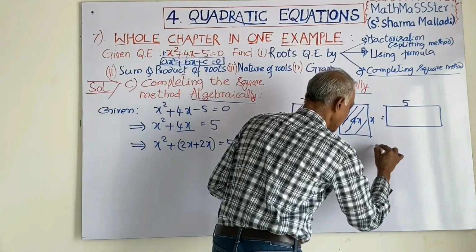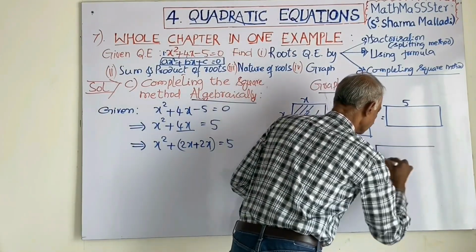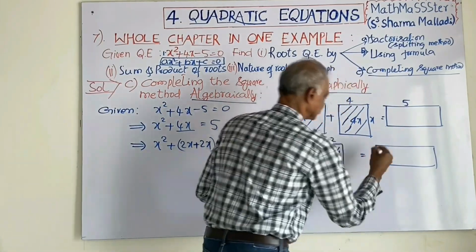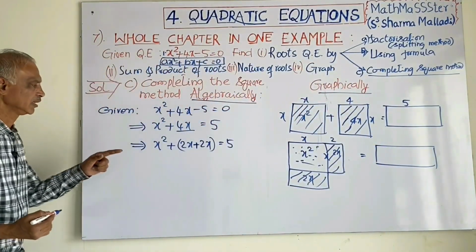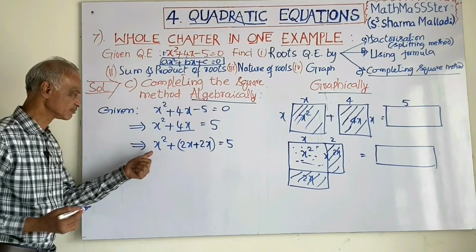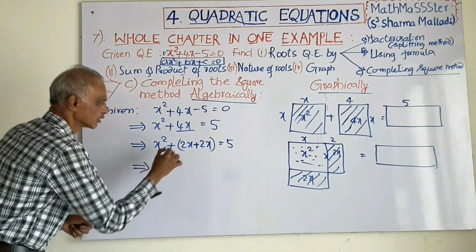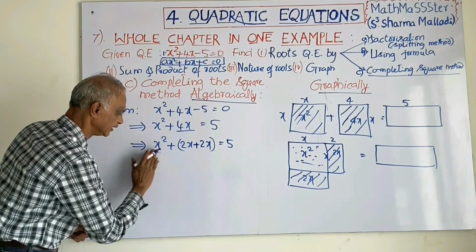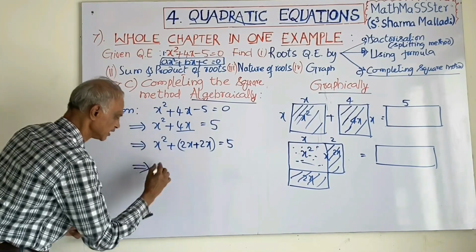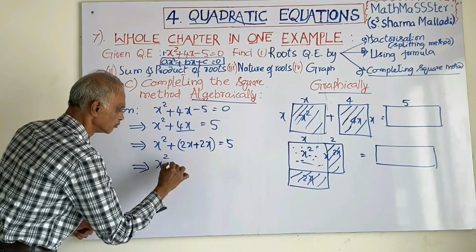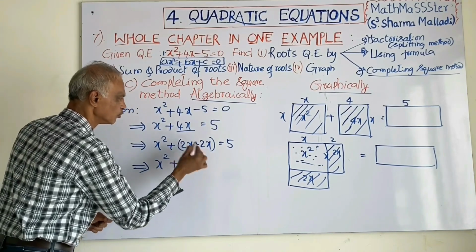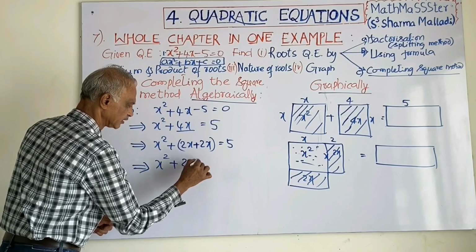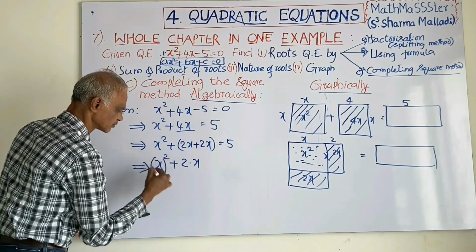5 as it is I will take. Next, you know x square. I will write again. Sorry. This can be written as x square plus 4x, which can be written as 2 into a into b, where a is x, you take this is x whole square.